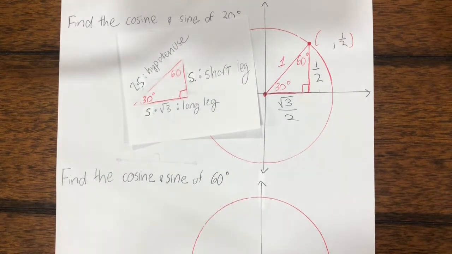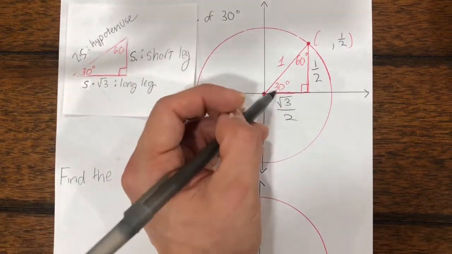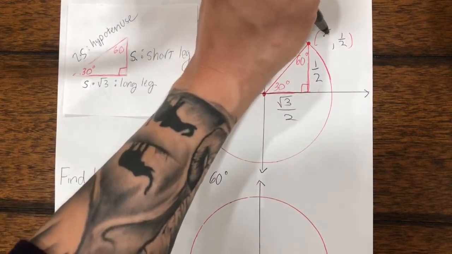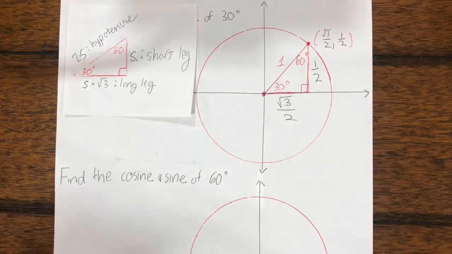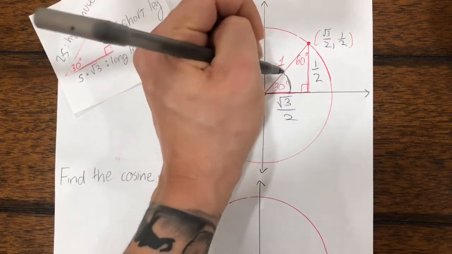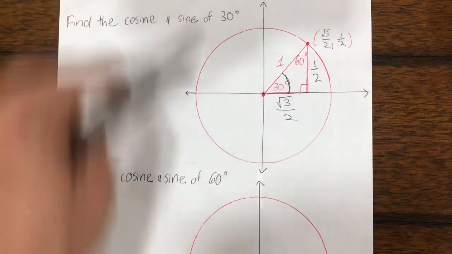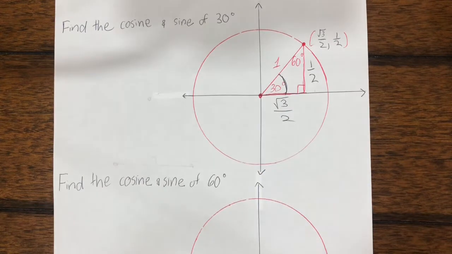That represents the long leg, which is in the x direction. So my x value for this one would be root 3 over 2. Now this is going to be my x and y coordinate for a 30 degree angle measurement, since the initial side and the terminal side make up that 30 degree angle.